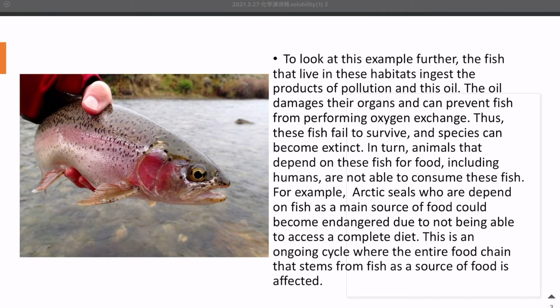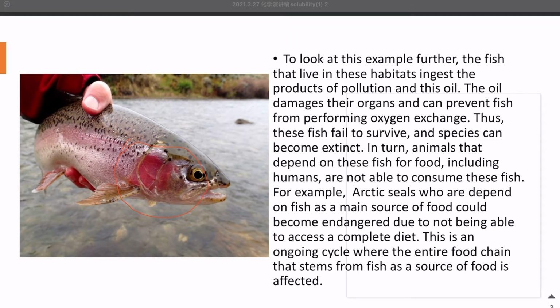The oil damages their organs and can prevent fish from performing oxygen exchange. Thus, these fish fail to survive and species can become extinct. In turn, animals that depend on this fish for food, including humans, are not able to consume this fish.